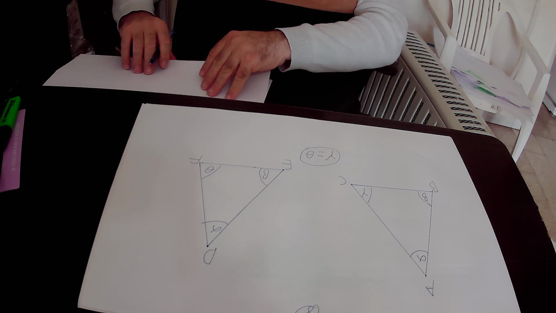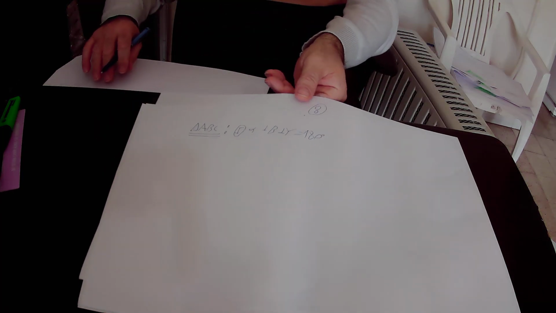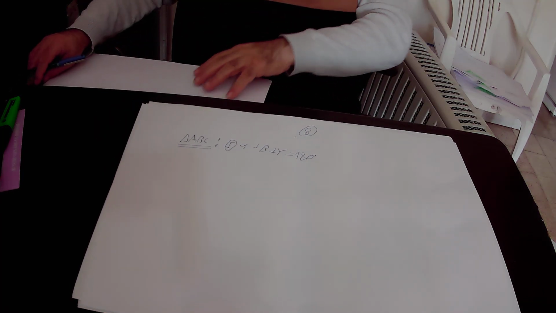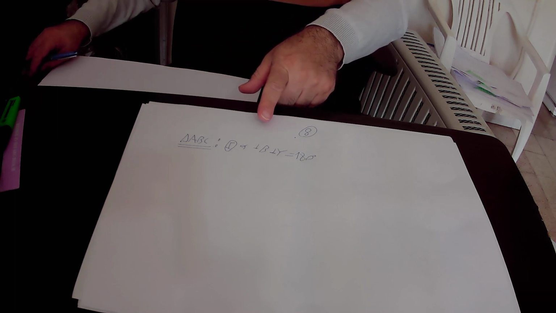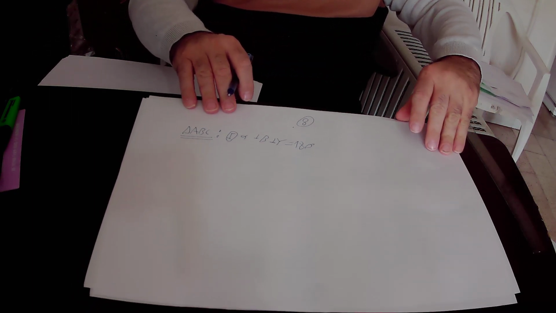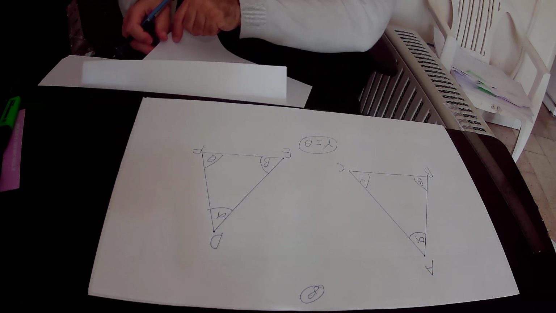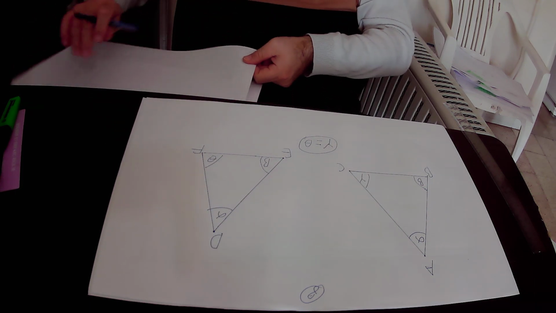I will repeat again. According to the rule that the sum of the angles in any triangle equals 180 degrees, the sum of the angles in triangle ABC must be equal to 180 degrees. That is to say, alpha plus beta plus gamma equals 180 degrees. Likewise, in triangle DEF, the sum of its angles must be equal to 180 degrees.